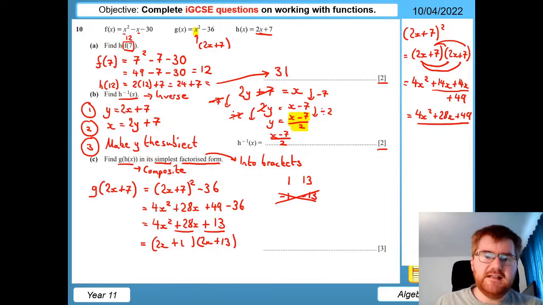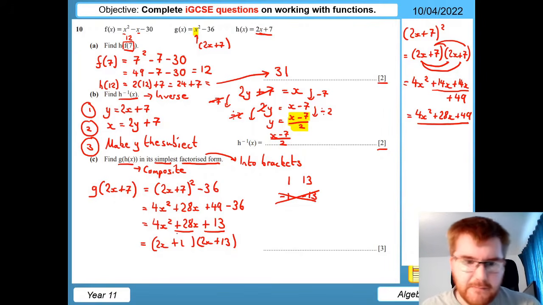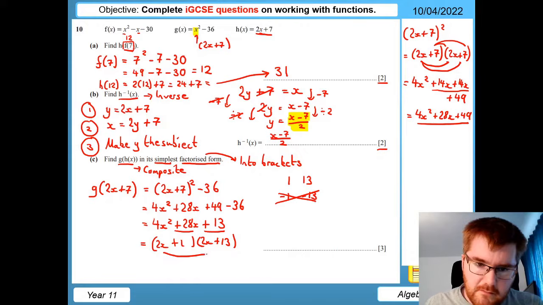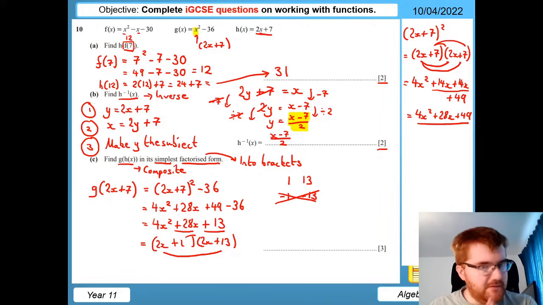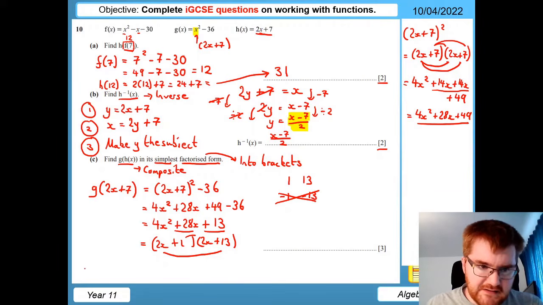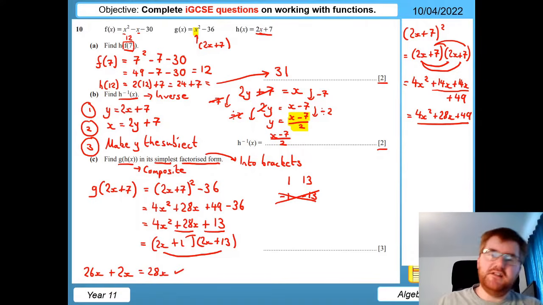And what I'd always do in the exam is check that we do get the middle term by checking the cross terms. What do I mean by the cross terms? I mean when we multiply the outside and the inside, because that gives us our x term in the middle. So let's double check this. 13 times 2x is equal to 26x. 1 times 2x is equal to 2x. 26x plus 2x is equal to 28x, which is exactly what I want in the middle.